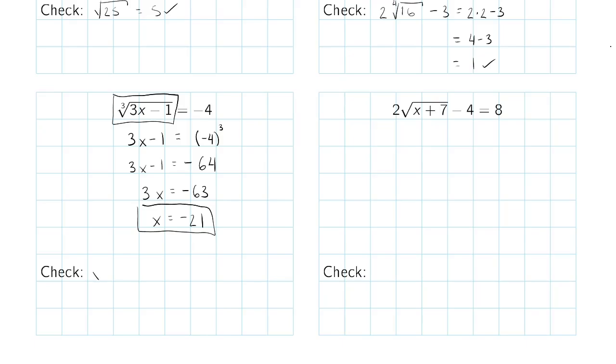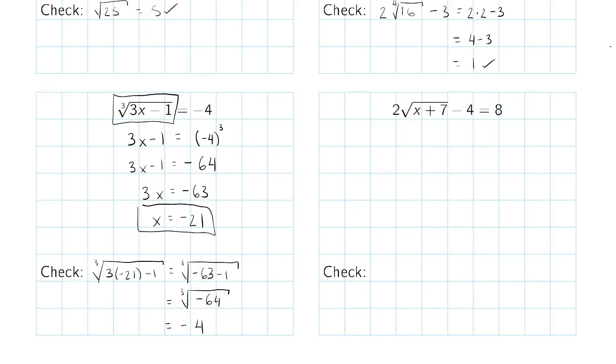To check, we'll say what is the third root of 3 times negative 21 minus 1? That's the third root of negative 63 minus 1. So the third root of negative 64, which is indeed negative 4.